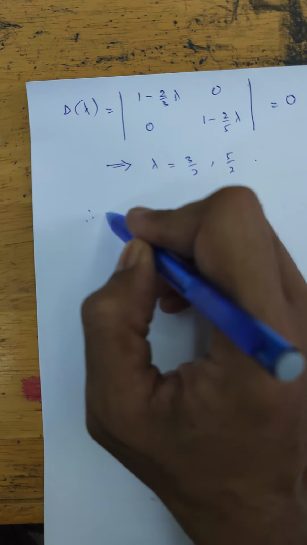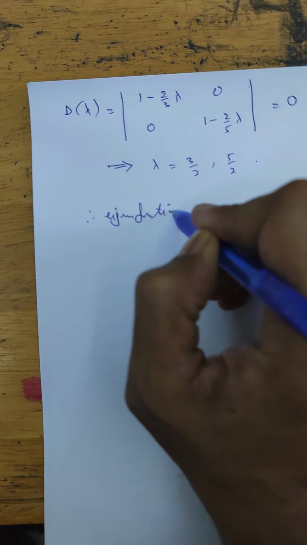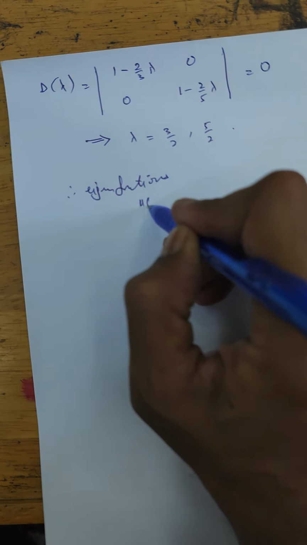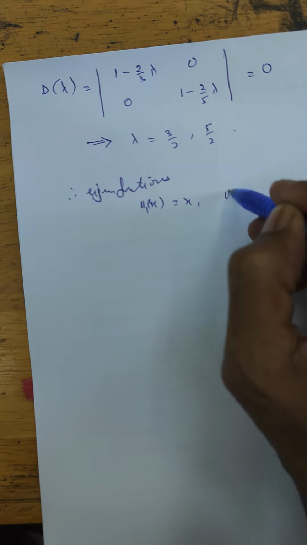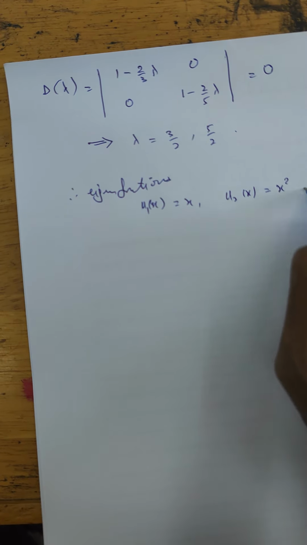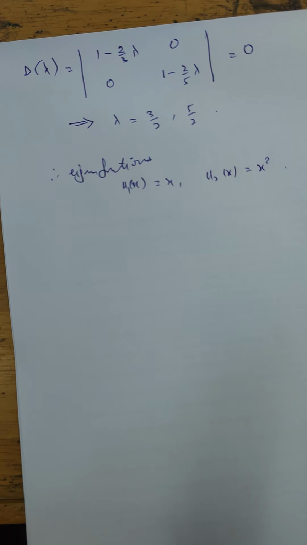So therefore the eigenfunction is u1(x) equal to x, and u2(x) is equal to x squared. Okay, you should have no problem for the eigenfunction, I suppose.